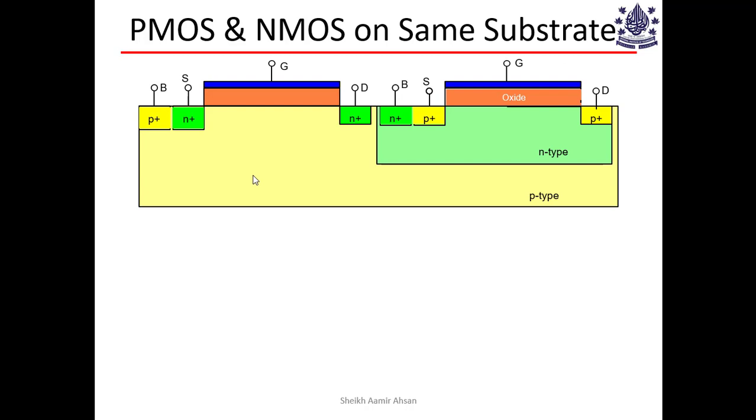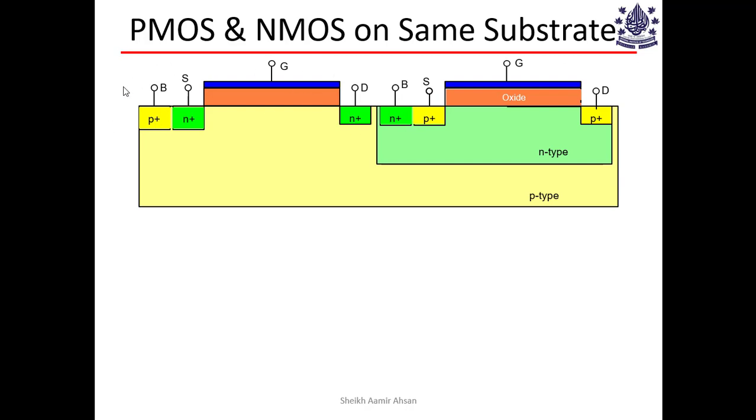Let's say we have to make two MOSFETs, a PMOS and an NMOS, side by side on the same substrate. Okay, so what will happen is as follows. By the way, this represents the body voltage for the NMOSFET. This is the body voltage for the PMOSFET.